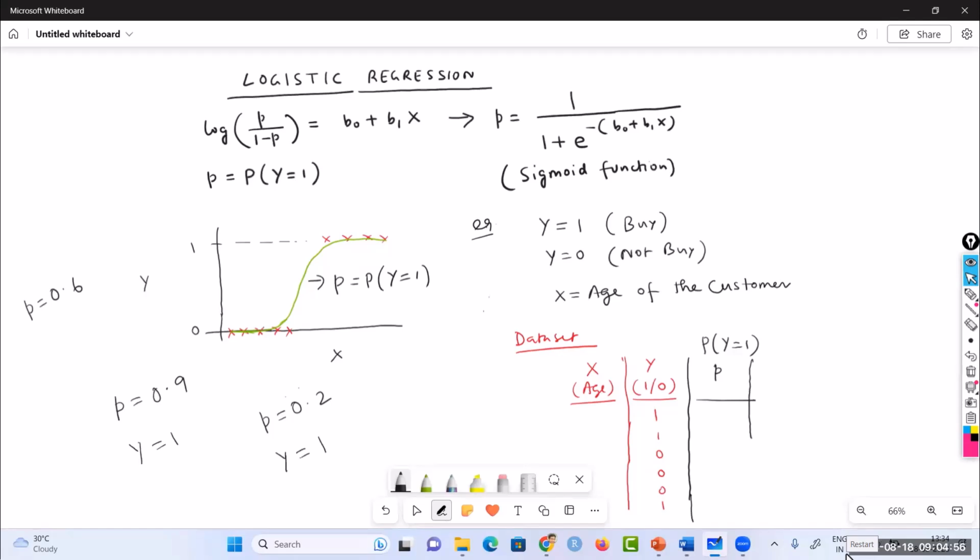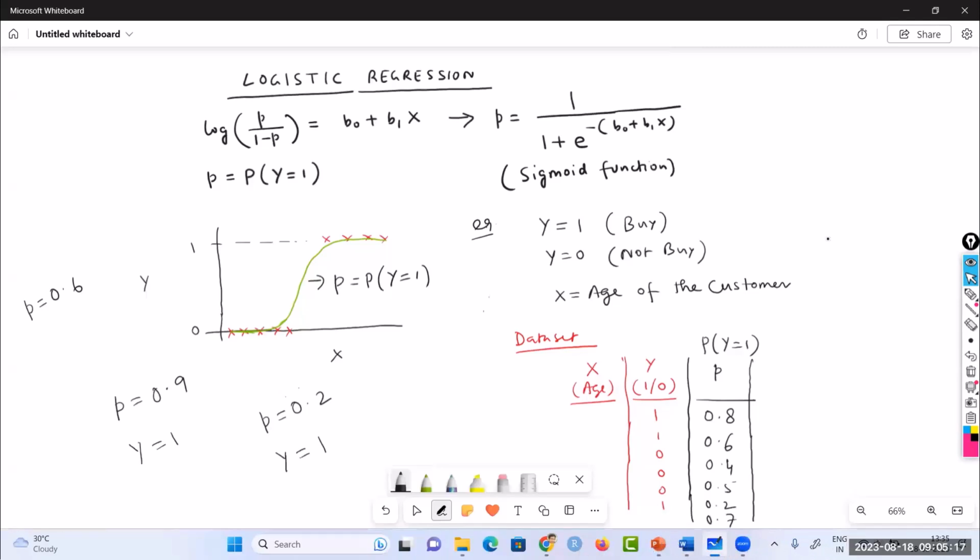Let's say I have probability values 0.8, 0.6, 0.4, 0.5, 0.2, and then 0.7, something like this.